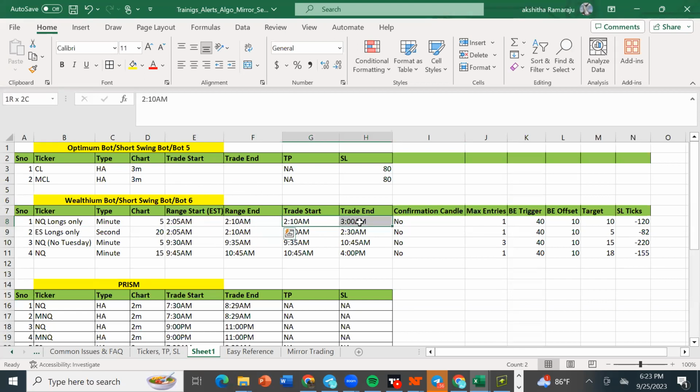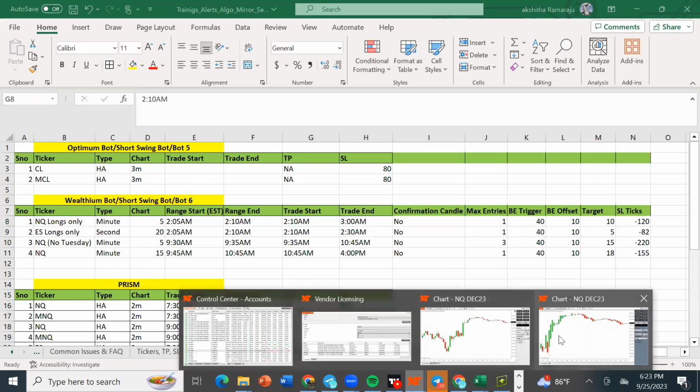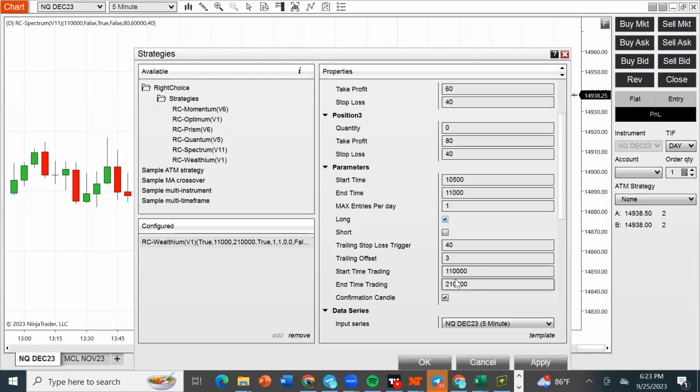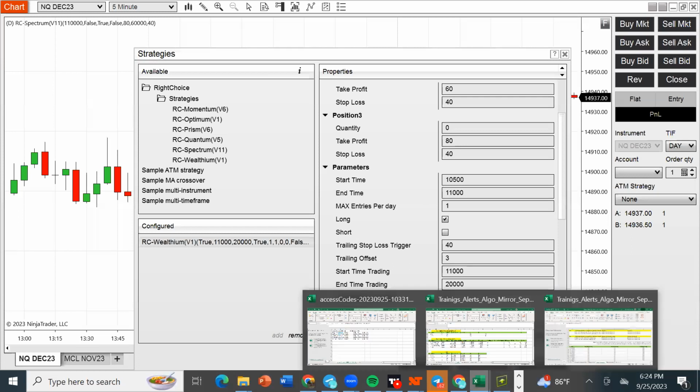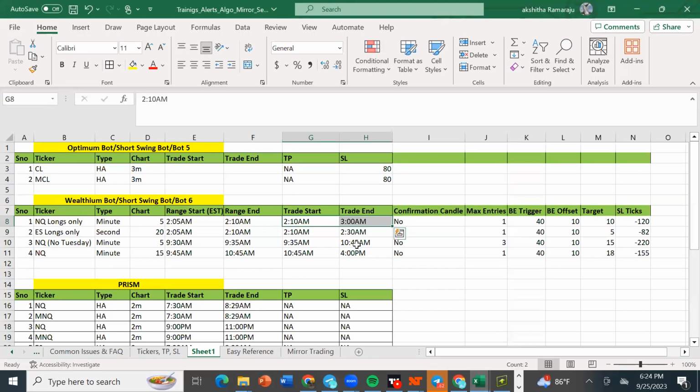And then the trading time is between 2:10 to 3 a.m. So you will select, I want to trade between... Because I'm in central, I'm just reducing it by 1 hour. Whatever time frame you see in the chart, 2:10 to 3 a.m., that means for central it is 1:10 to 2 a.m.